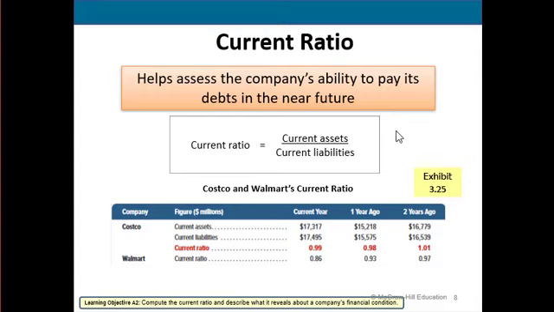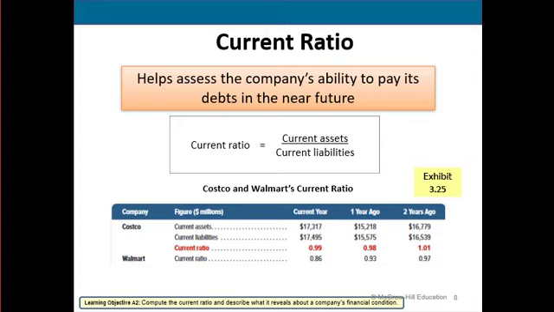So for example, it looks like Costco 2 years ago had a 1.01 current ratio. That means for every $1 they had in current assets, they had $1 in current liabilities. Then it slipped a little bit to 0.98, and then it got a little better in the current year, 0.99.